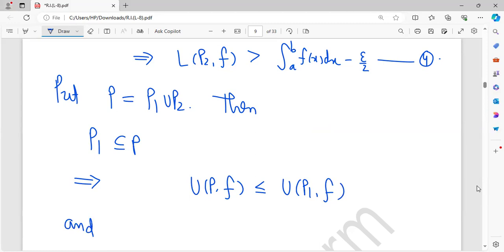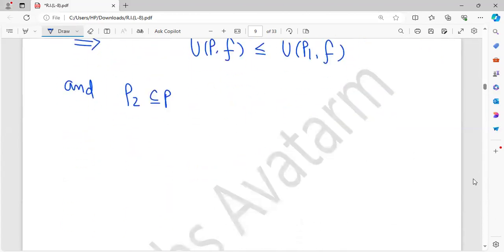And P2 is also contained in P. So this implies L(P2, f) is less than L(P, f).